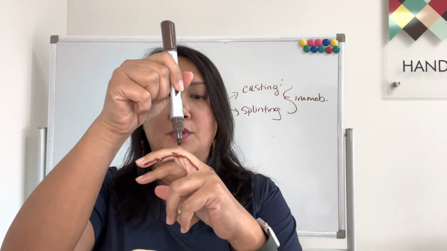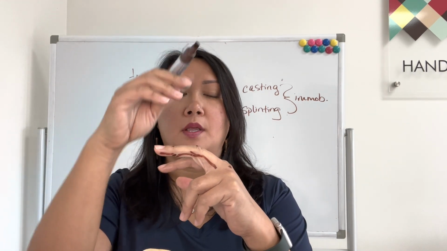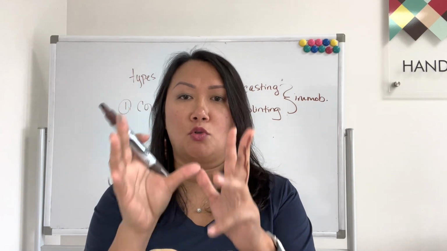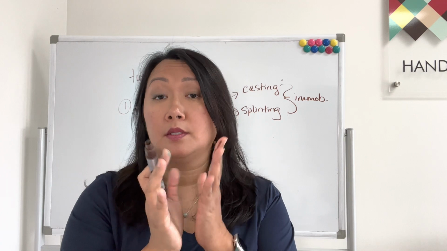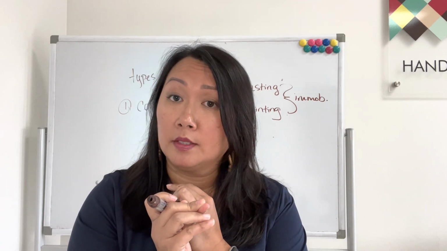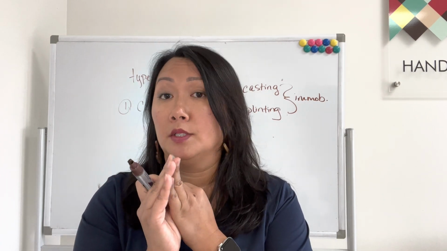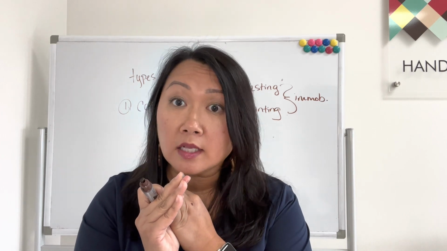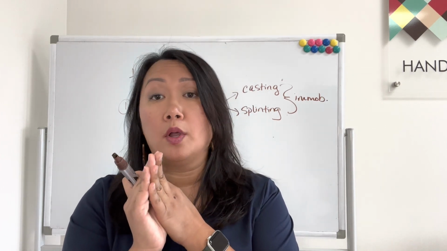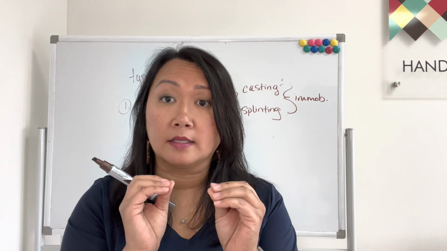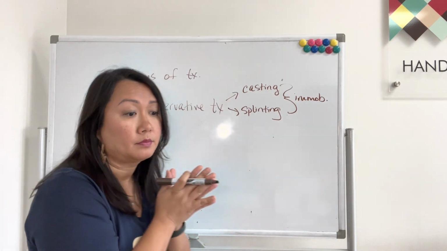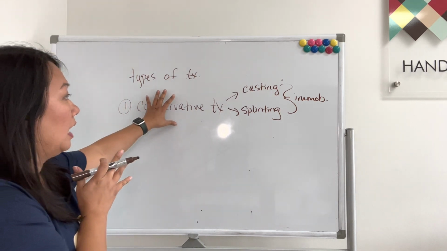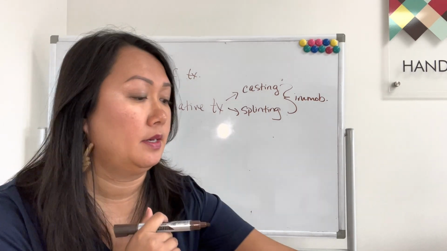If it's anywhere between the PIP or the DIP, they're going to potentially try to just immobilize you using splints. They can be an aluminum splint that the doctor puts on. It could be a prefab, such as a stack splint that someone puts on, or it could be plaster casting or a custom fitted orthosis with thermoplast material, right? So that's a type of treatment that can occur.